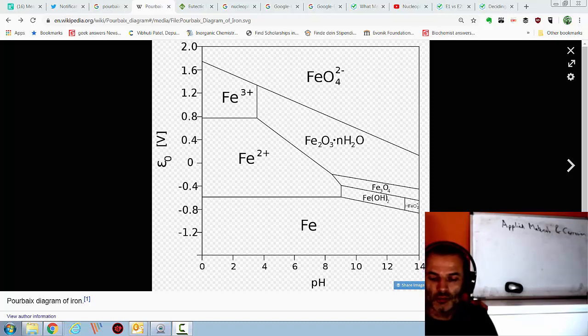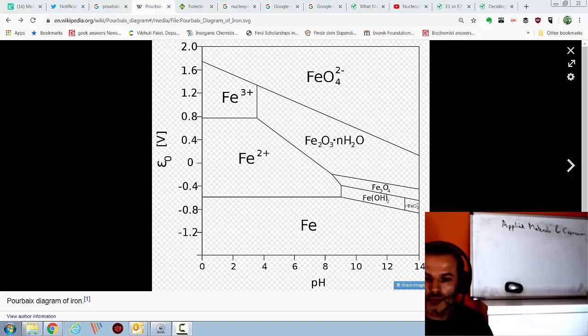If we make it basic, let's go to pH 12, and we sit at any voltage between 0.6 and minus 0.6-ish, we will make solid products.